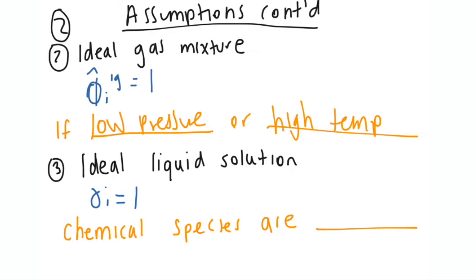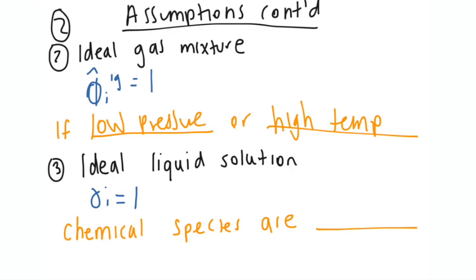I'll make that assumption. And then another assumption is to say that you have an ideal liquid solution. So this simplifies your life so much because you're saying that your activity coefficient of a species is 1. So that means you can eliminate looking for a correlation, which is what I showed in my activity coefficient video, or having to plug numbers into a correlation given to you, okay?